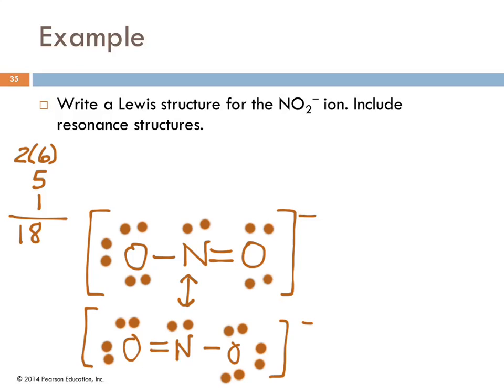So that tells us that in this molecule, this double bond is actually delocalized over both of these bonds. And so each of those is really a 1.5, and we have a resonance hybrid that is between these two. Any questions? Some molecules and ions have more than 2 resonance structures. Some have 3 or 4.